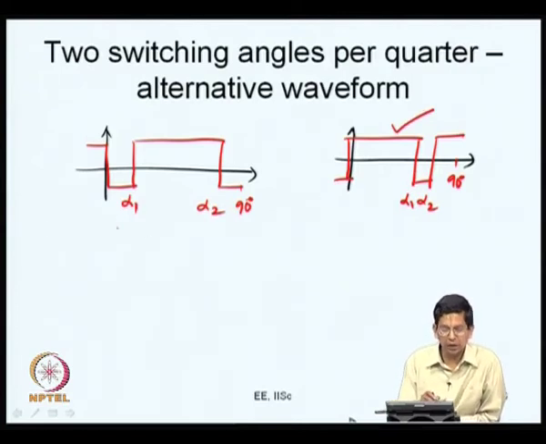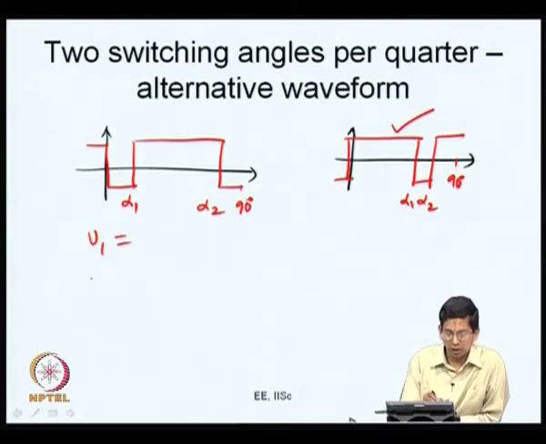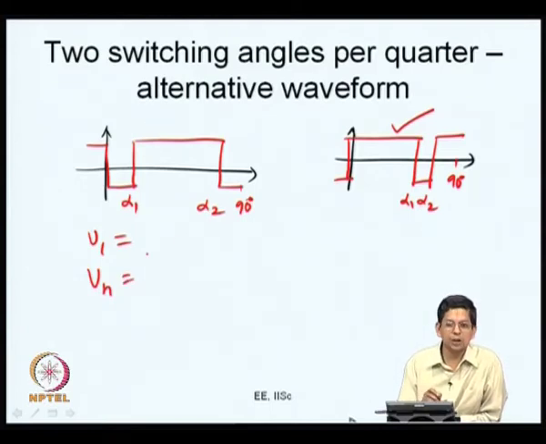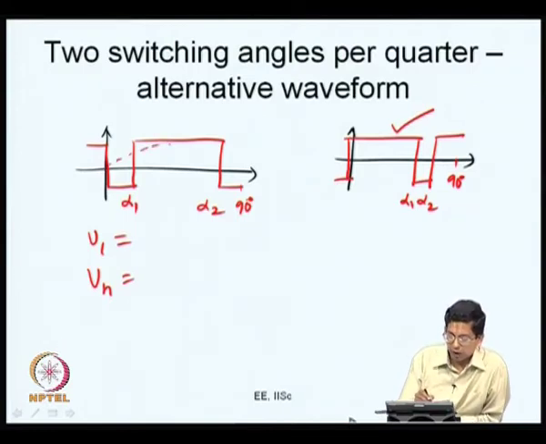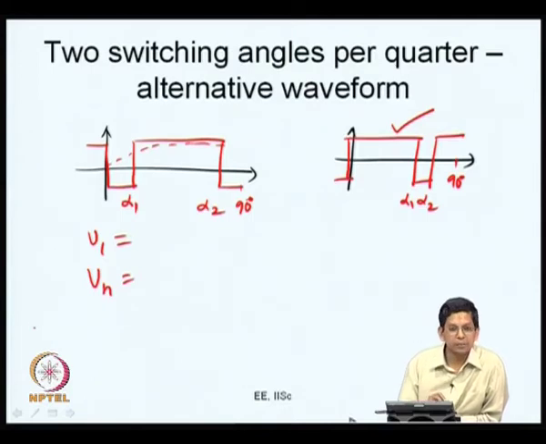Here for this also you can write down V 1 and V n just as what we did before. This once again will be a function of alpha 1 and alpha 2, but will be a slightly different function. In this case, if you want a fundamental voltage with such a phase, then the spacing between alpha 1 and alpha 2 has to be fairly high.